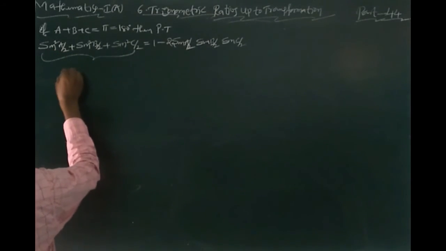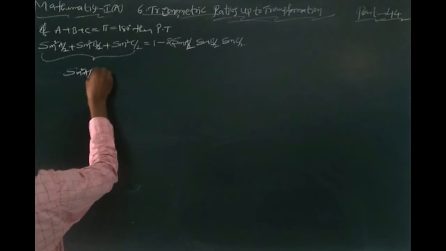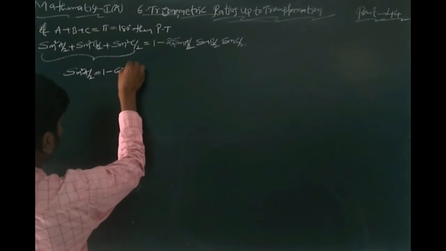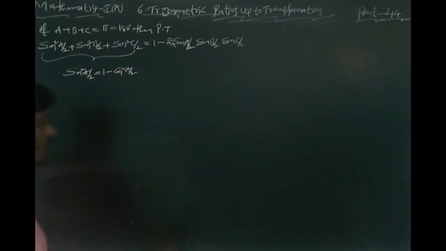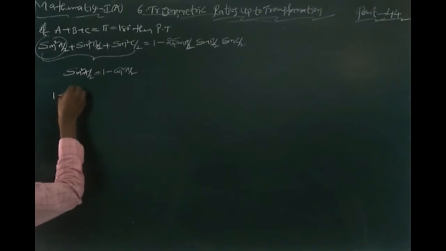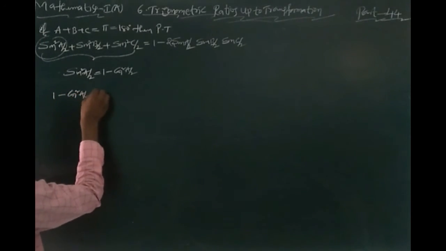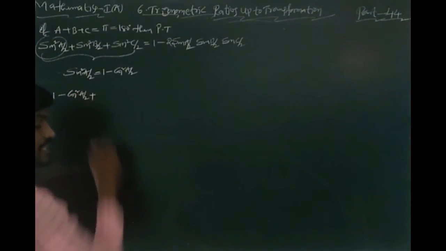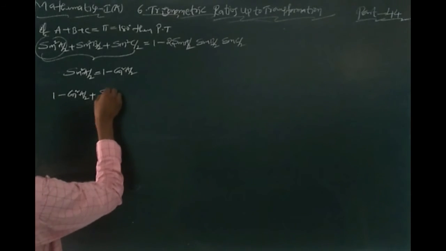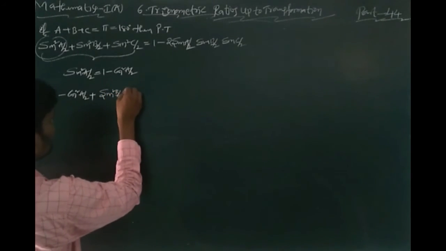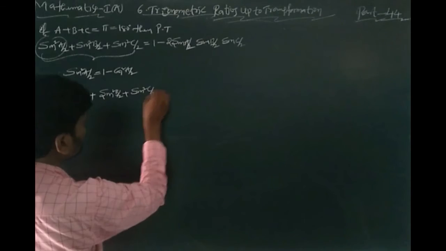In this LHS part, you can write sin square a by 2 value is 1 minus cos square a by 2. Here you get 1 minus cos square a by 2 plus sin square b by 2 plus sin square c by 2.